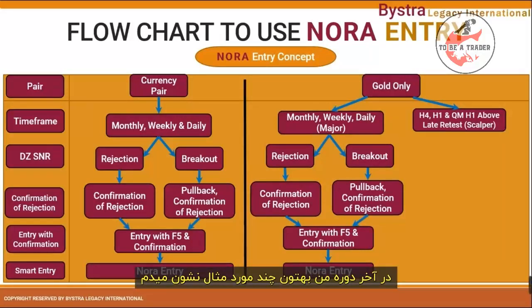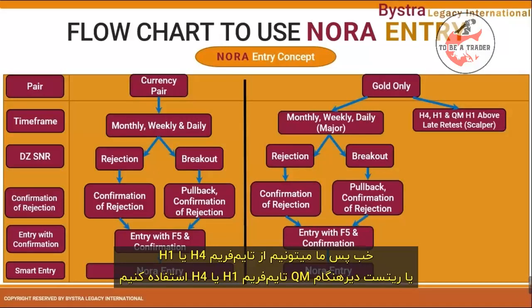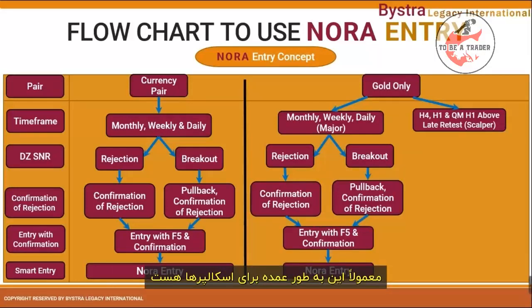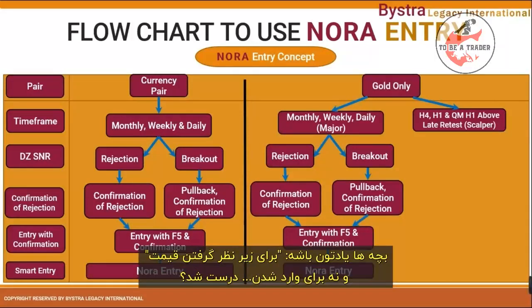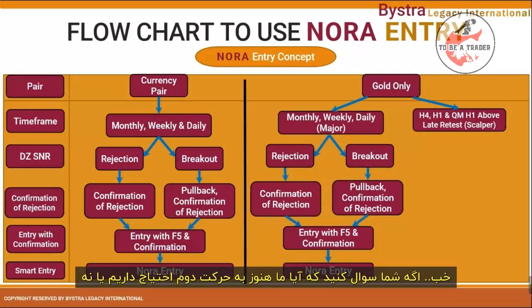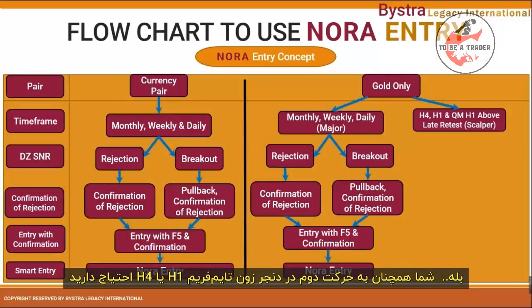Alright. So we can use the H4 time frame, H1 time frame, or the QM LED retest for H1 or H4. So normally this is mainly for scalpers. We use this as a monitoring zone as well. Guys, remember, monitoring zone, not as an entry. Alright. So if you ask whether we require second movement, yes, you still need second movement on the H4, H1 SNR danger zone.